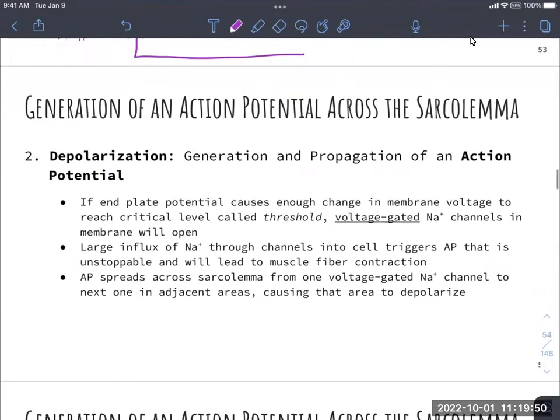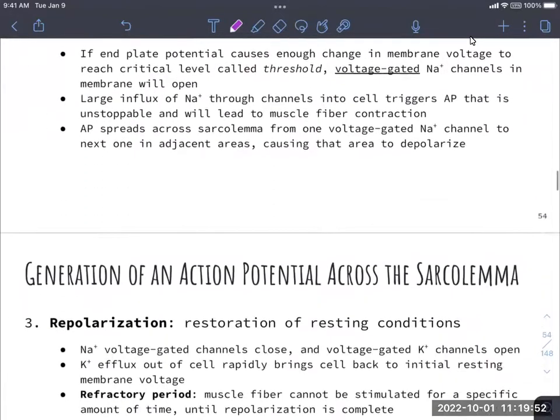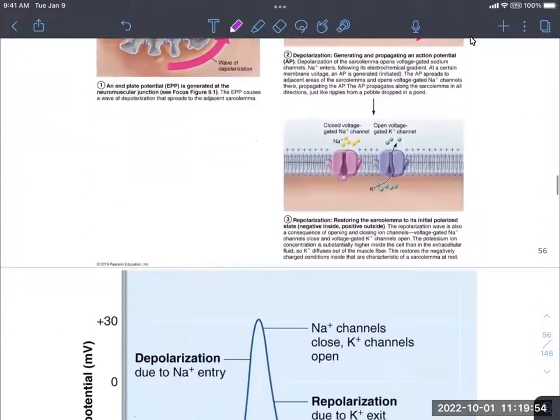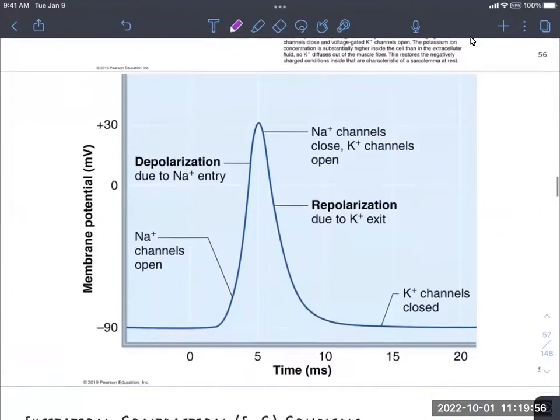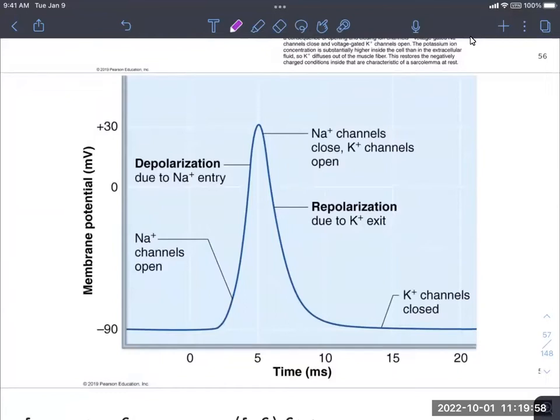So this chart explains how everything happens. This resting membrane potential, they're showing it as -90. I say it's between -70 and -90. So we have our resting membrane potential here.